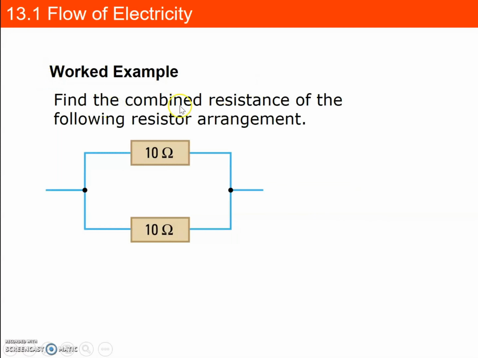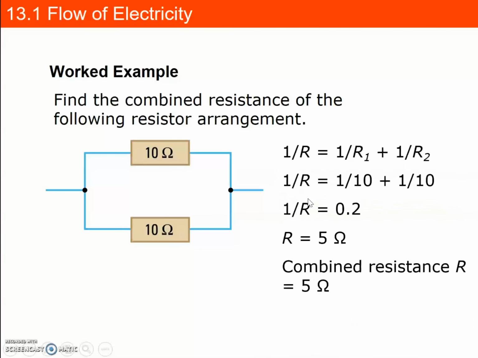Right, next worked example. Find the combined resistance of the following resistor arrangement. So you have two resistors, 10 ohms each, arranged in parallel. So we're going to use the formula 1 over R equals 1 over R1 plus 1 over R2 for a parallel circuit.